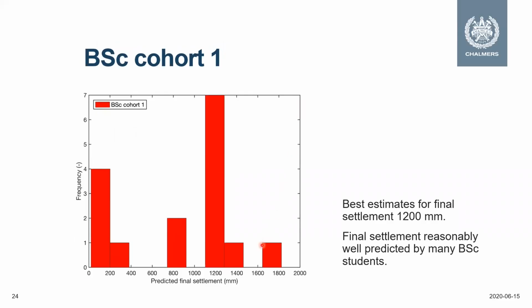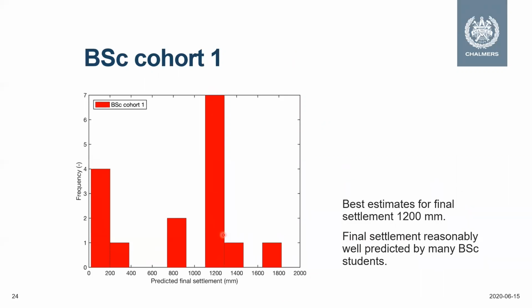If we then think about whether this is to do with the final value of settlement or with the rate of settlement, we analyzed the results of the BSc cohort a little bit more in detail. Based on numerical analysis and other researchers' predictions based on the field monitoring data, the best estimate for the final settlement is about 1.2 meters.